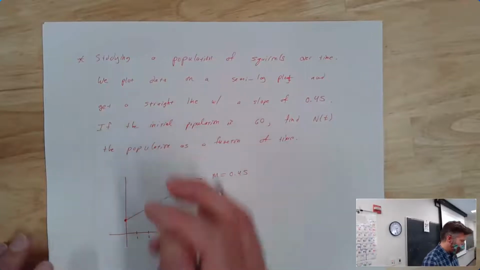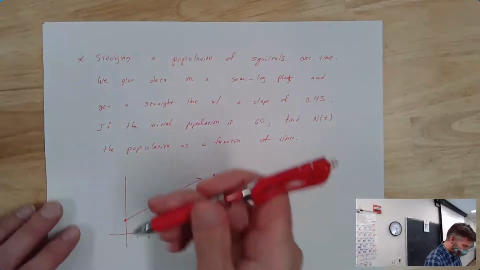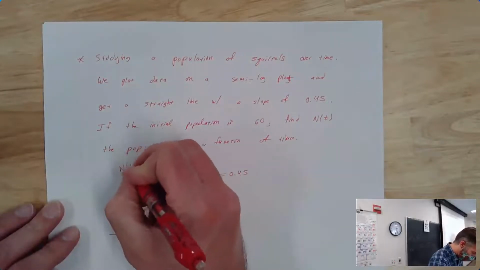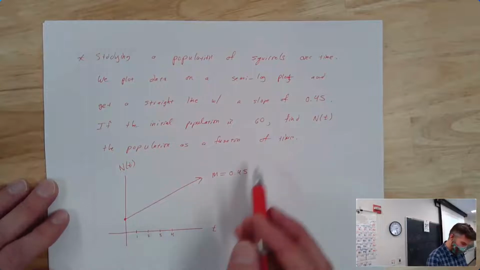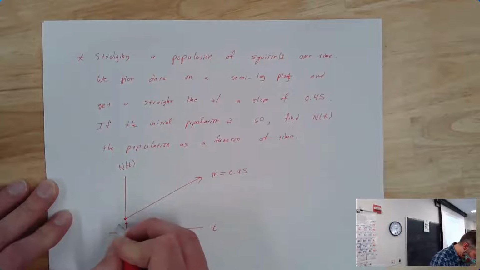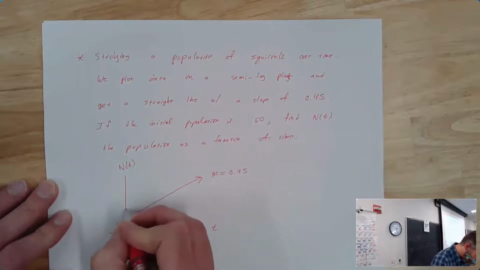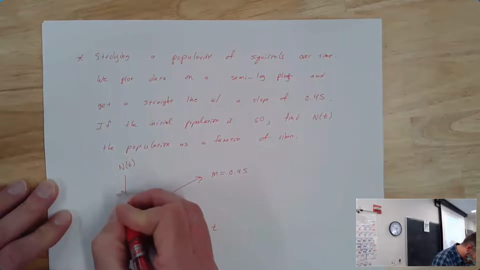And so here's where things are interesting. I've seen in a lot of people's work that the semi-log y-axis is still labeled with the regular values, meaning, I said 60. So like here is 10 to the first, and here is 10 to the second, and here is 10 to the third.